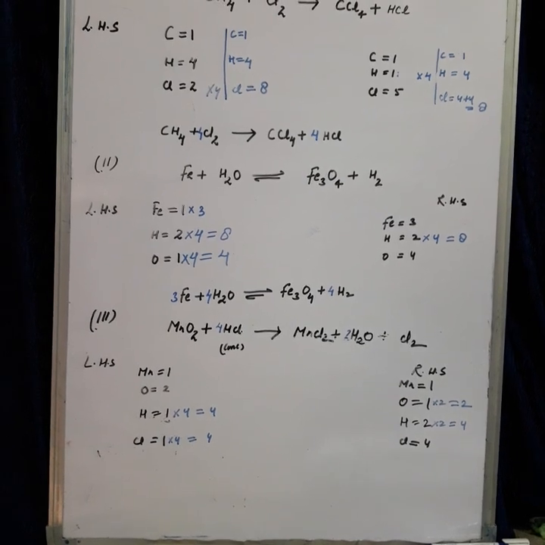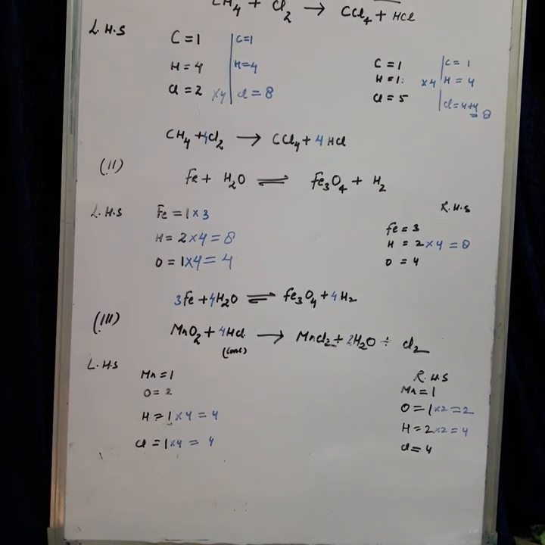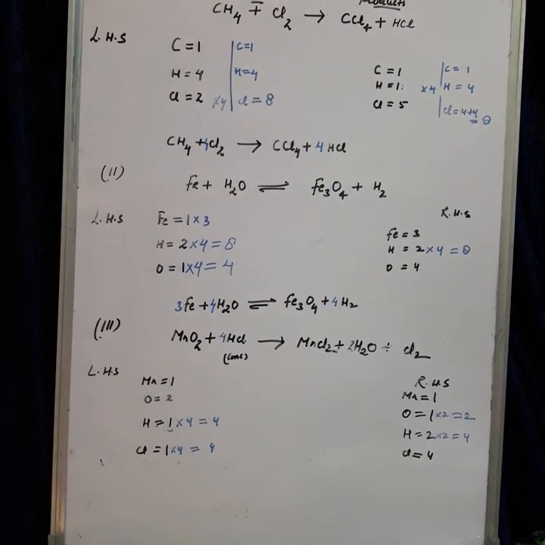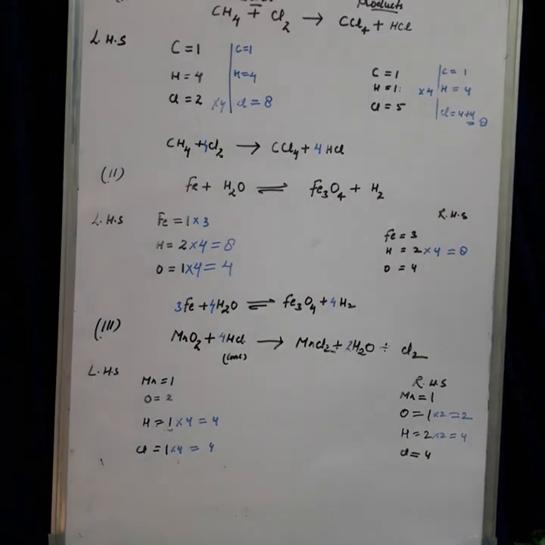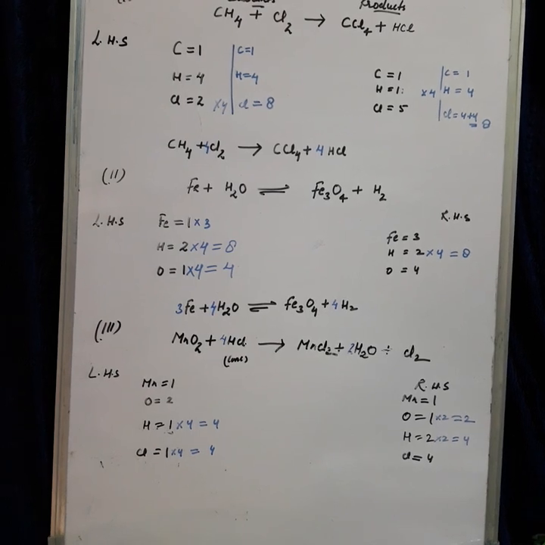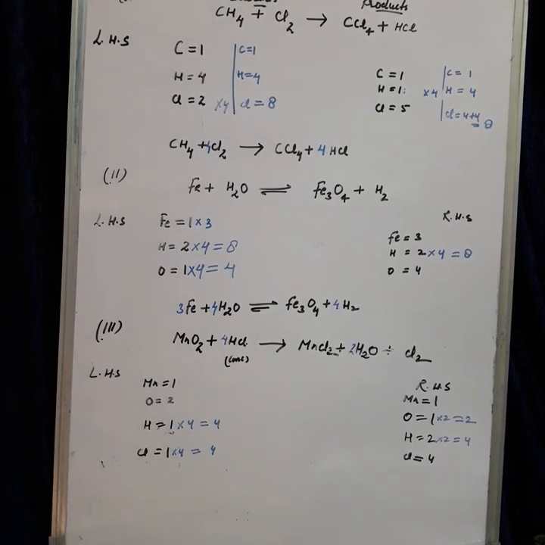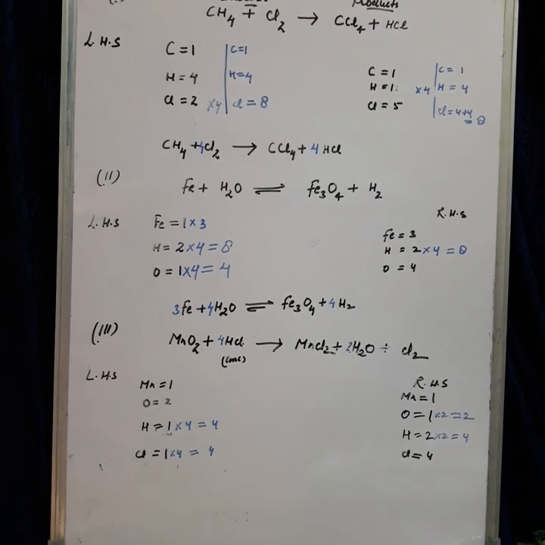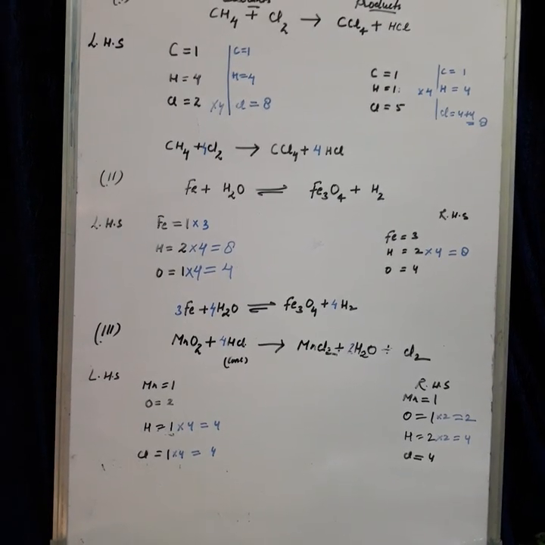So in order to balance hydrogen, place coefficient 4 before HCl. Okay, multiply HCl by 4. Now the number of hydrogen atoms on the right hand side is also 4. It means hydrogen is balanced.